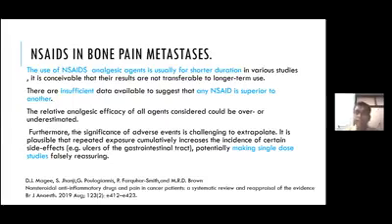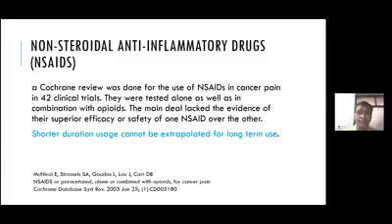And it has been found that no NSAID is superior to another. So NSAIDs can be used only for a shorter duration of time because there are no studies for long-term pain relief in cancer patients, and there are the side effects of the NSAIDs. This is for paracetamol and NSAIDs.